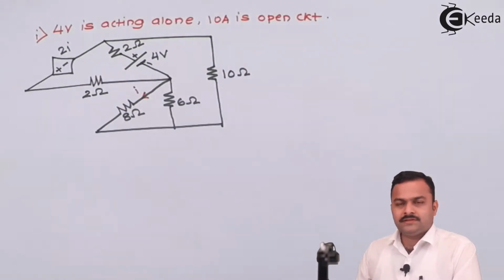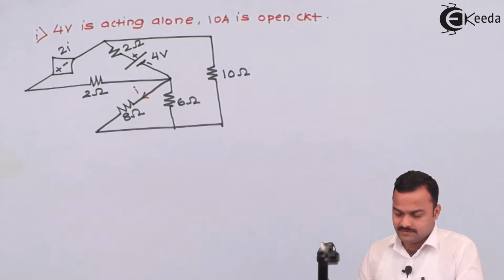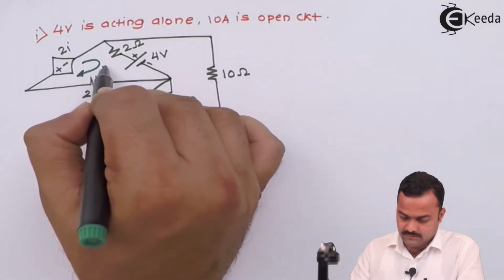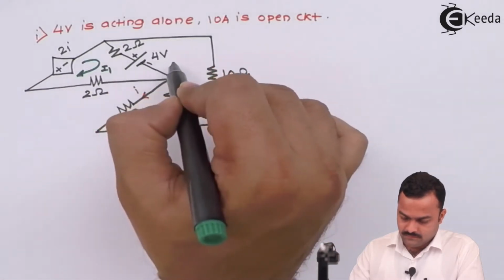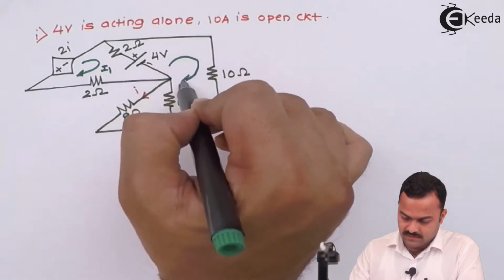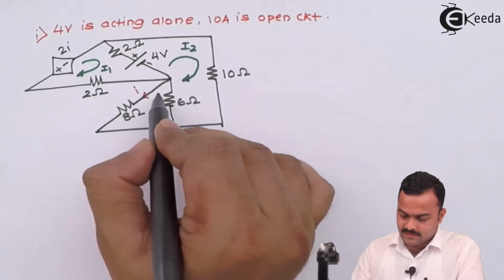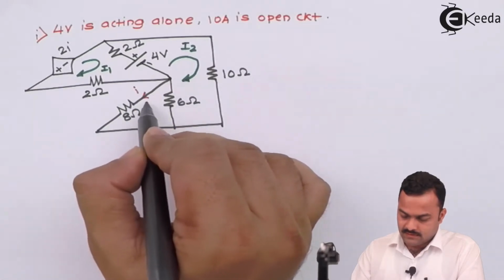If you see carefully, we are getting 3 meshes, so let's analyze using mesh analysis. Let's consider this as current I1, this as current I2 in mesh 2, and this current as I3.